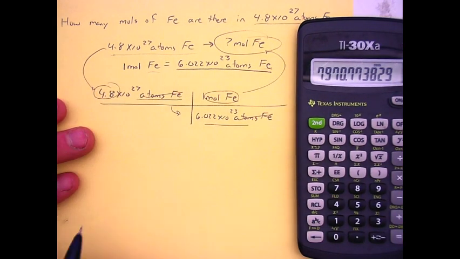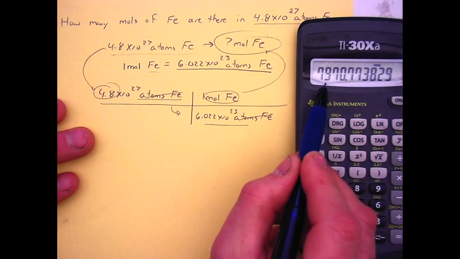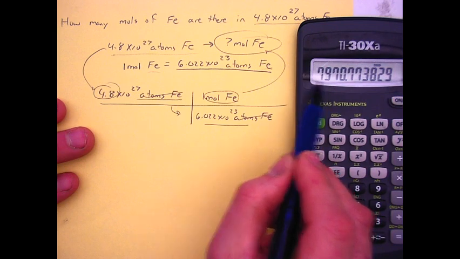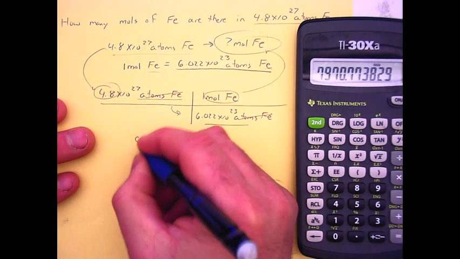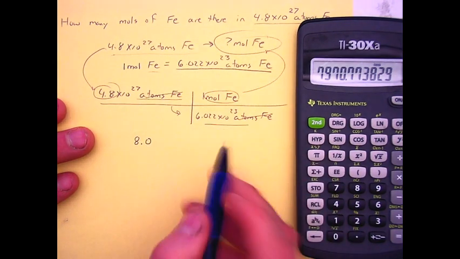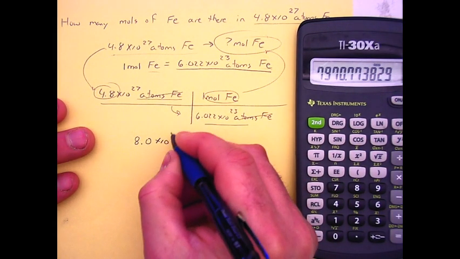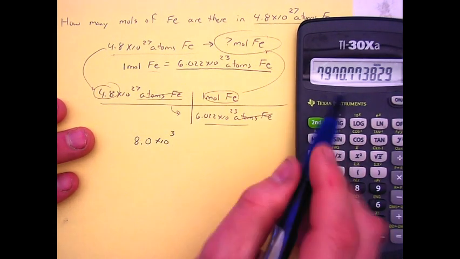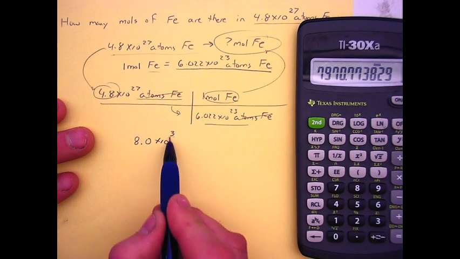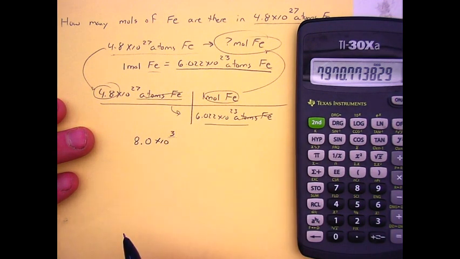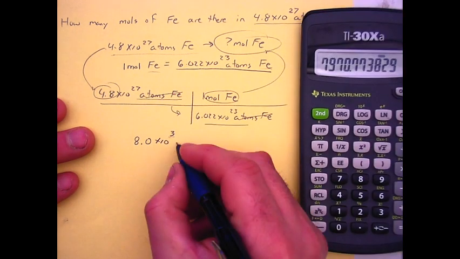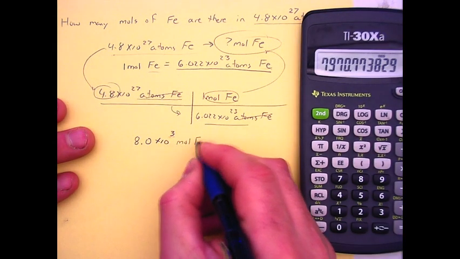Again, we only want two significant figures. That 7 changes the 9 into a 10, which changes the 7 into an 8. So my answer is 8.0 times 10 to the third. Because the exponent's greater than 2, it has to be in scientific notation. Times 10 to the third moles of iron.